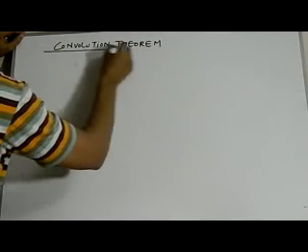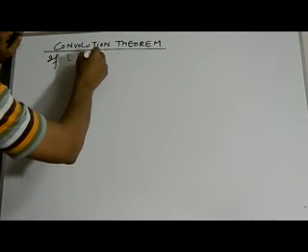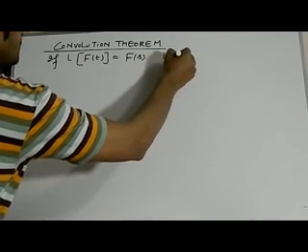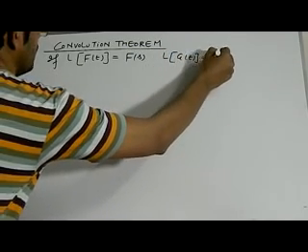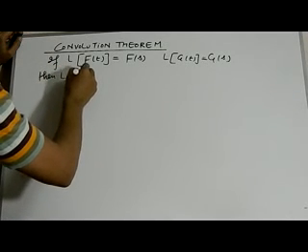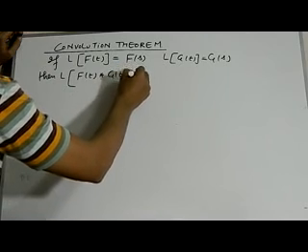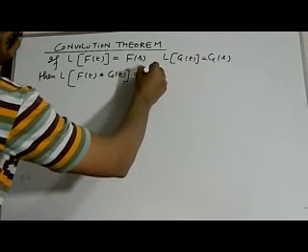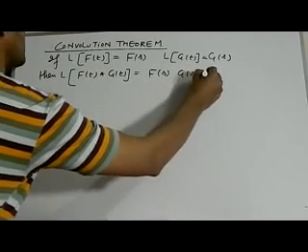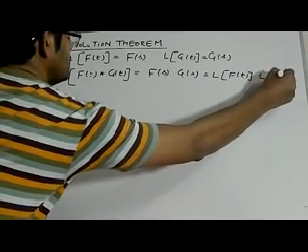Convolution Theorem. What this theorem says is that if you know the Laplace of f(t), which is F(s), and you also know the Laplace of g(t), which is G(s), then L of f(t) star g(t) is simply F(s) into G(s), which is the same as L of f(t) into L of g(t).